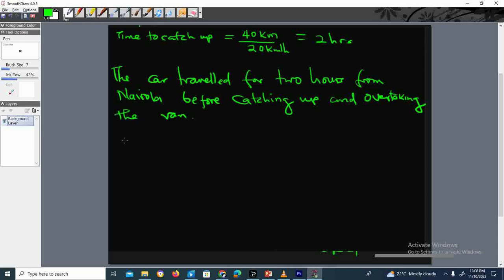So if we calculate the distance that was covered by this car, that will be the distance of the overtaking point from Nairobi. So distance from Nairobi to point B is equal to the distance traveled by the car.